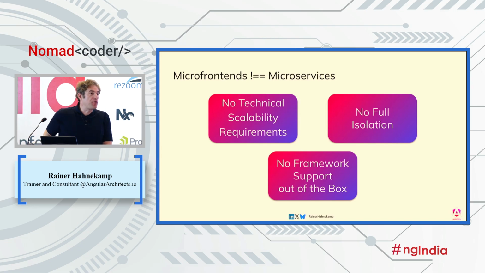And especially for Angular developers, the Angular framework does not support micro frontends. We hope that this will change at some point in time, but at the moment that's the case. That's also why module and native federation are not libraries coming from Angular, but from NX or from us or from others.